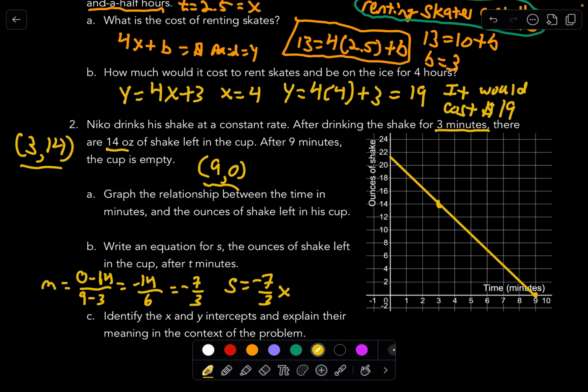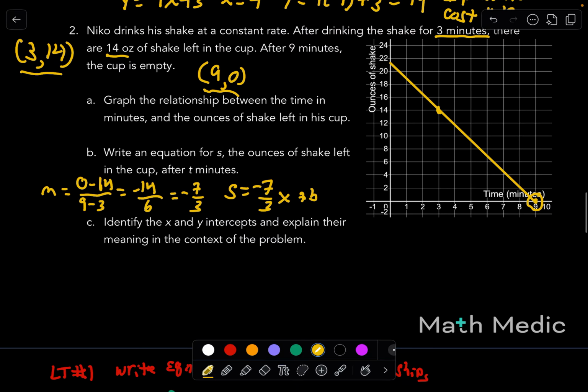And we could figure out, when X is 0, what B must be. We can find B by knowing that when X is 9, we're going to use this point here. I'm running out of space, so I'll do it down here. Y equals negative 7/3 times X, which is 9, plus B, and since this point right here is the point 9 comma 0, that equals 0.